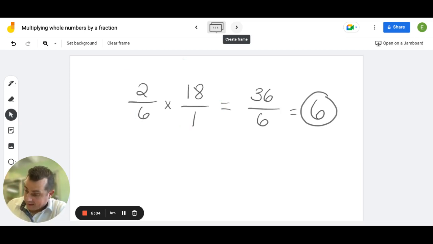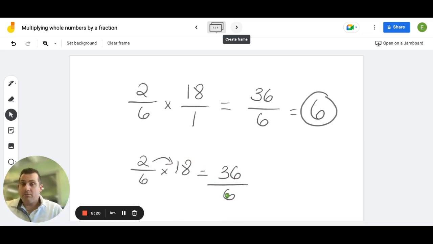Now, sometimes you will see 2/6 times 18, and people will just know, and they'll just say, oh, I do 2 times 18 is 36, and it's over 6. That's fine. For me, I always put it over 1, any whole number.